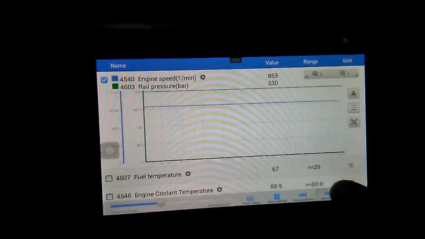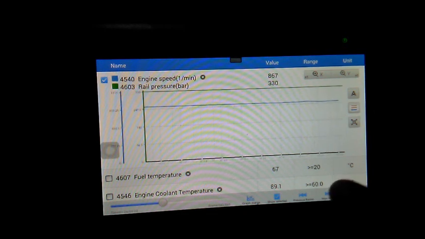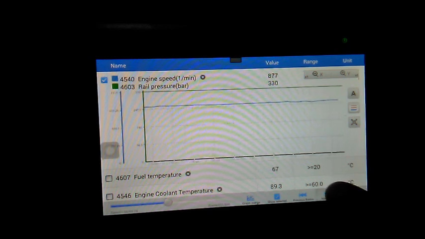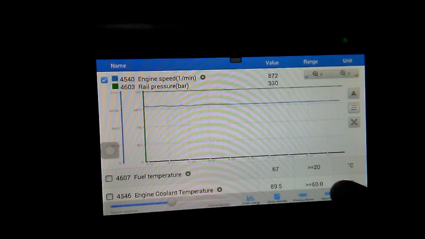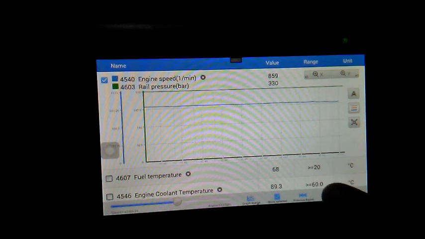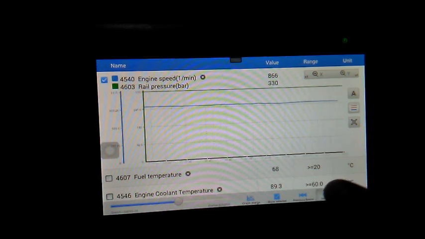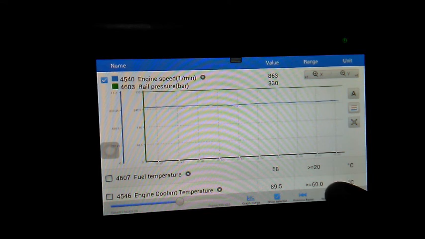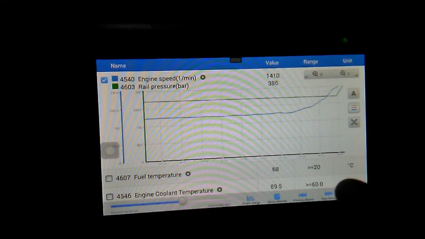Let's continue. I think at some point I revved the engine hard enough to get the rail pressure signal to flinch a bit. Still, all we are seeing right now is not good. That informed me that the rail pressure signal was shorted to something.